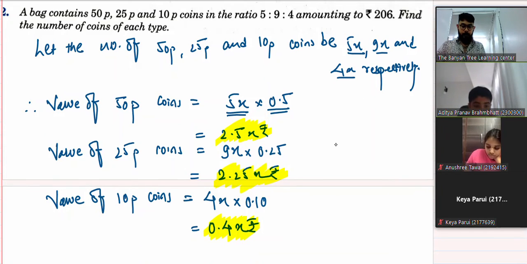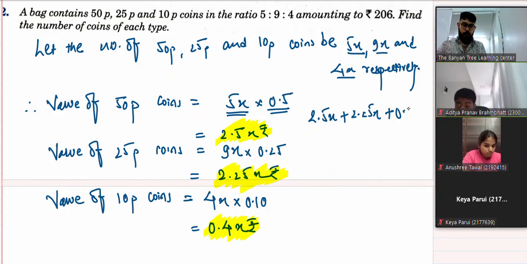So 2.5x plus 2.25x plus 0.4x all add up to 206, which is the total money we have.